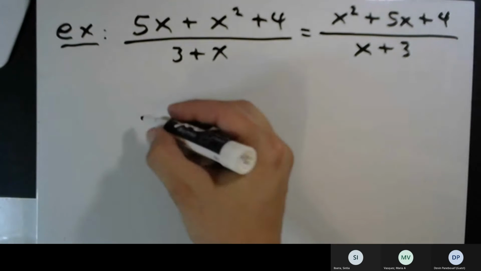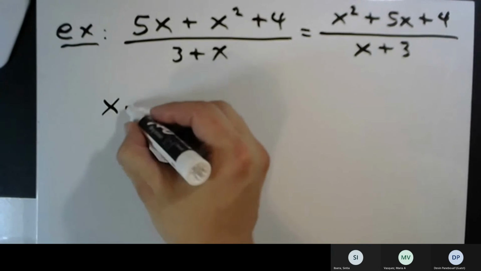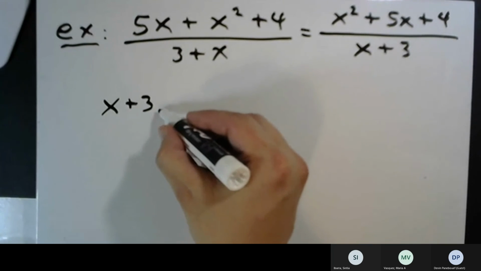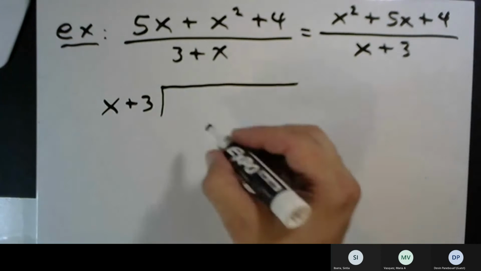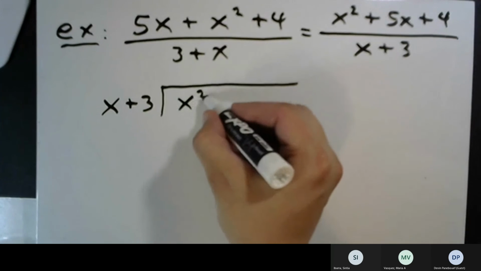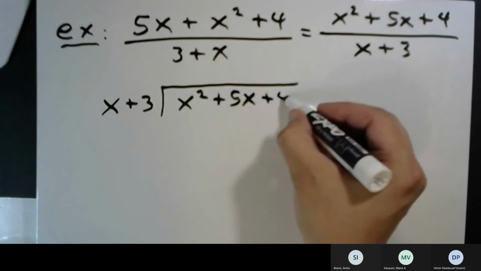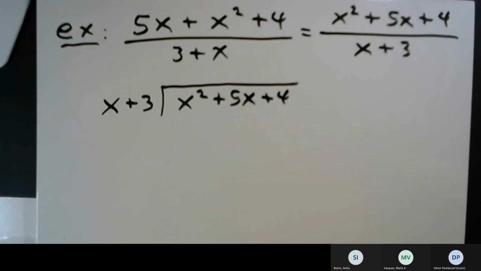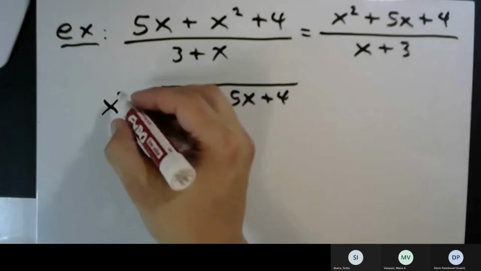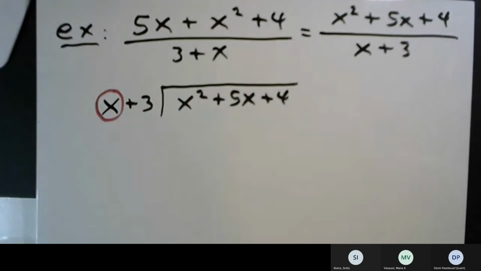And then the way we're going to do this, we put it in long division form. Now, what's going to be doing all the work is that x.